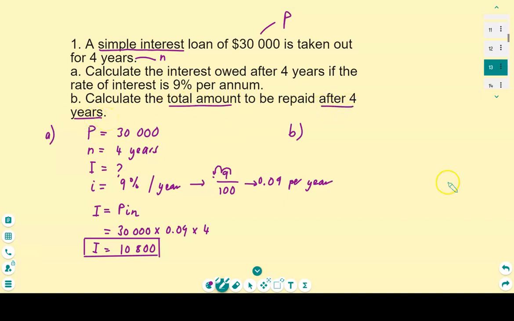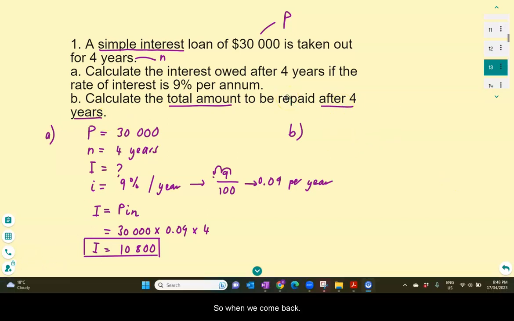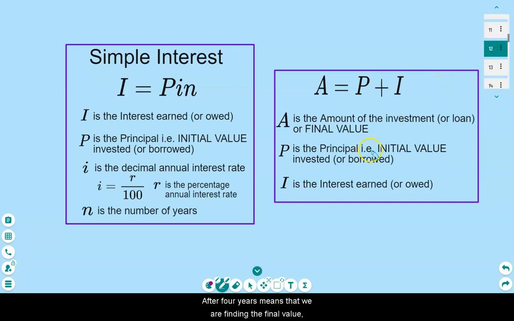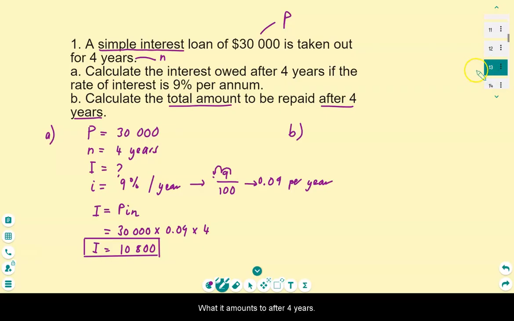So when we come back, after 4 years means that we are finding the final value, the amount of the investment, what it amounts to after 4 years.